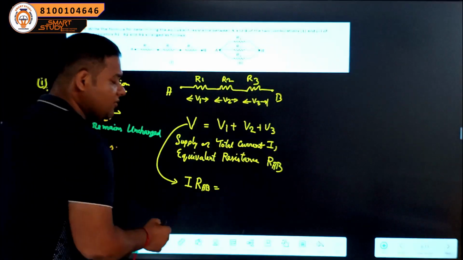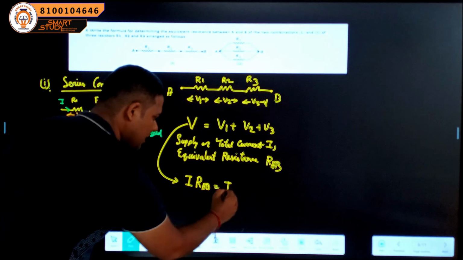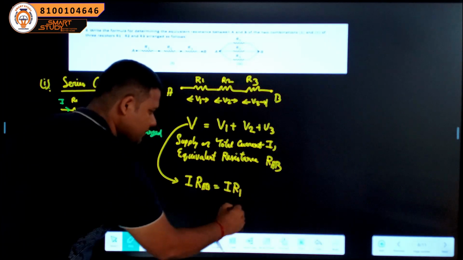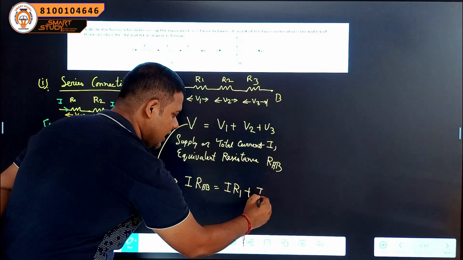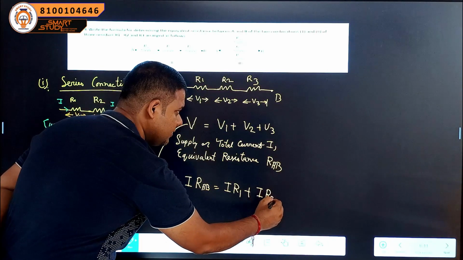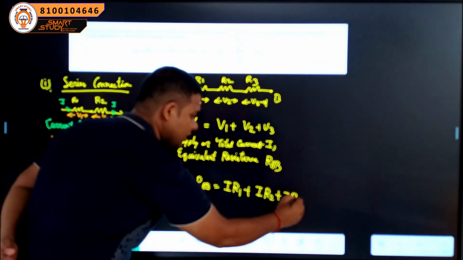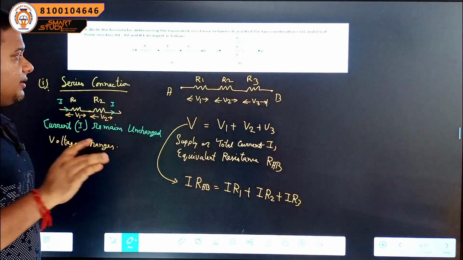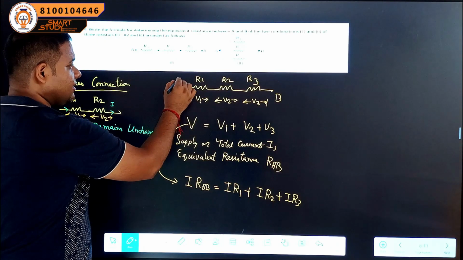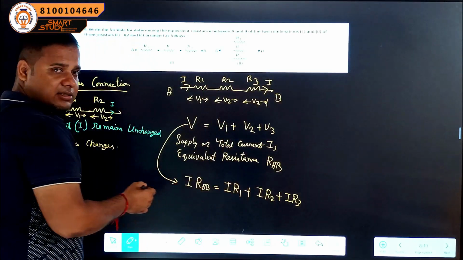V1 we can write from Ohm's law: V1 is I into R1. V2 is I into R2, and V3 is I into R3. Always remember, as the current is an unchanged parameter for series connection, that is why the current is the same.